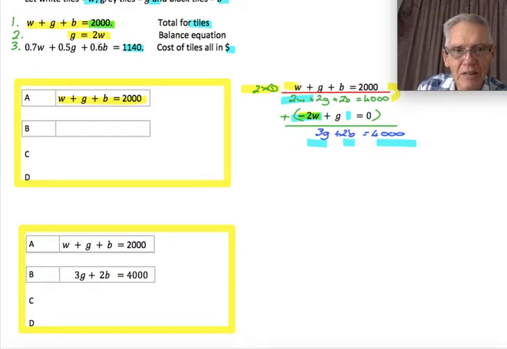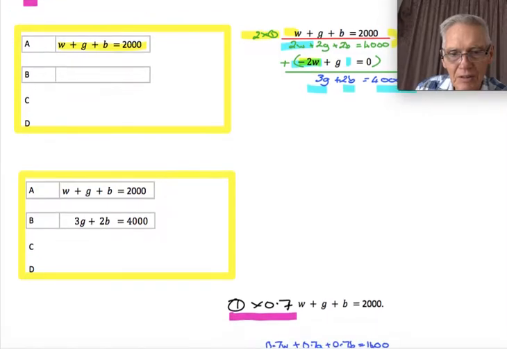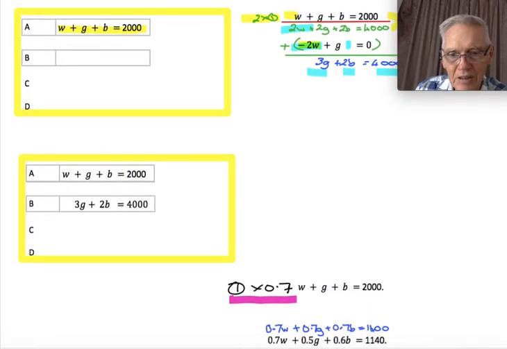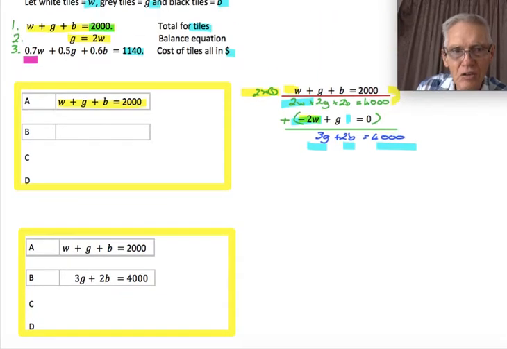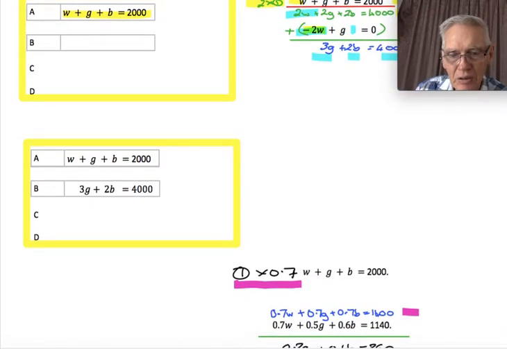So see how I've got here, I've got the number 0.7 beside the W. I have to multiply equation 1 by 0.7. So this is what I've done here, equation 1 times 0.7, and it gives me this equation. I write then equation 3, this one here right below it. So there's equation 3 written below it.